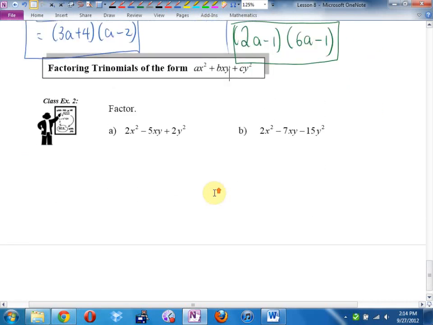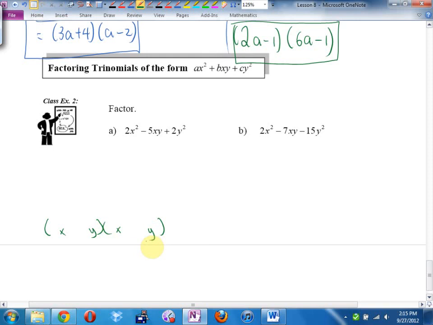Let's do A, because A has a positive end but a negative middle. I think this is going to be one of those ones where, well, let's see. So I already know my final bracket's going to look like this. There's going to be an x, a y, and then numbers in front of each of them.